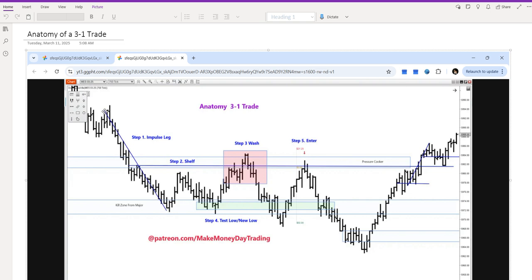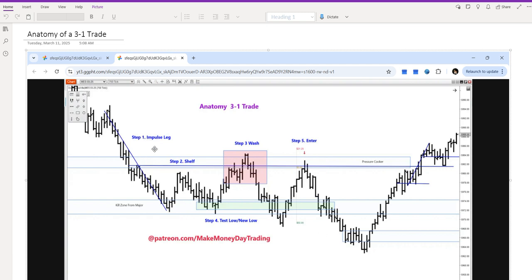We're not involved in the impulse leg. We're watching, unless you're in a trade, and then you're just riding it out. And then price comes back to make a shelf, floats around, it creates a wash. It comes down and tests the low, and then it comes back to the shelf and then continues on.